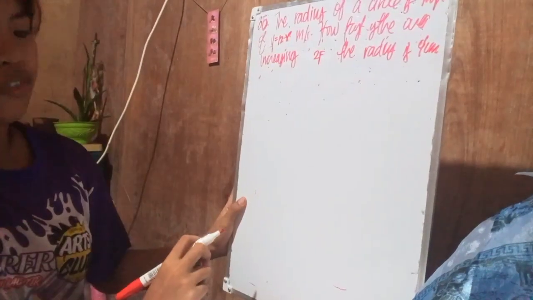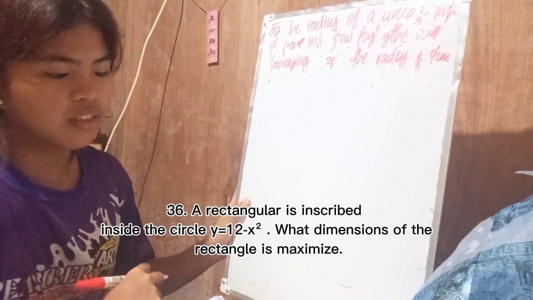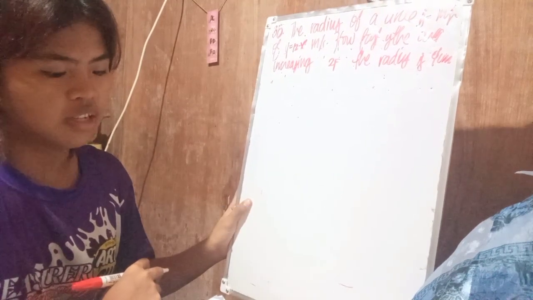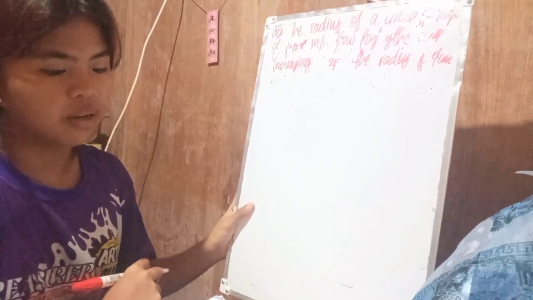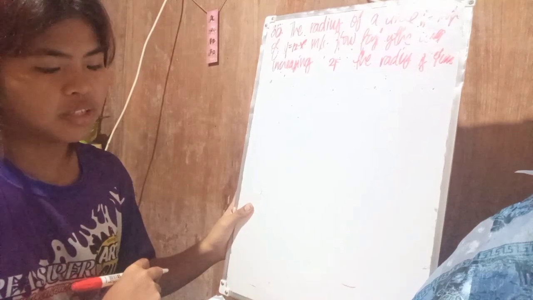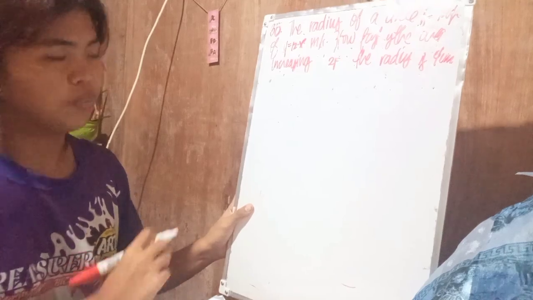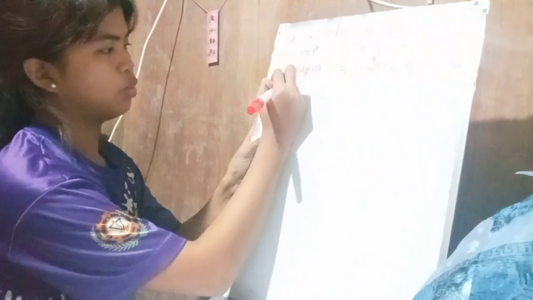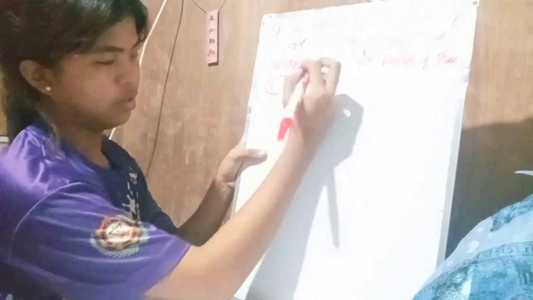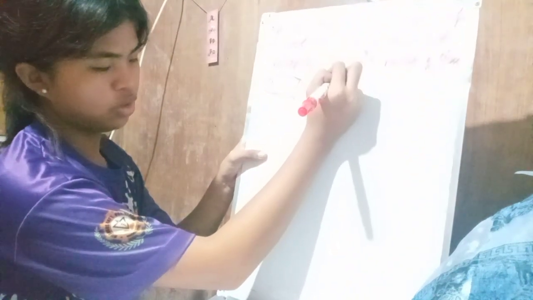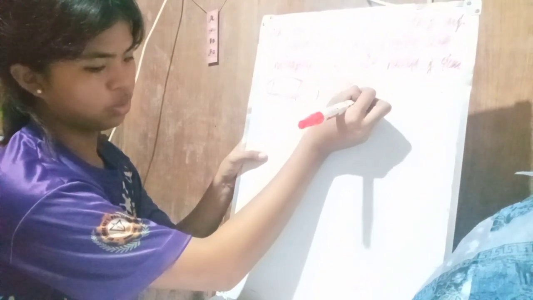So number 36, a rectangle is inscribed inside the curve y equals 12 minus x squared, above the x-axis. What dimensions of the rectangle maximize the area? So we have to draw the inscribed rectangle. Its width is 2x, and its length is y equals 12 minus x squared.